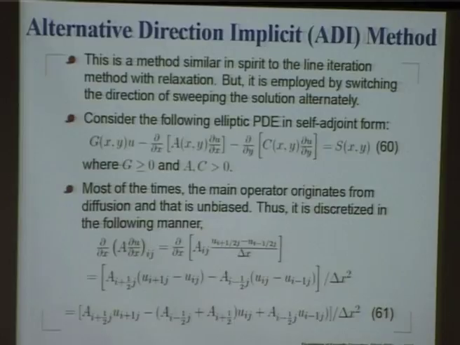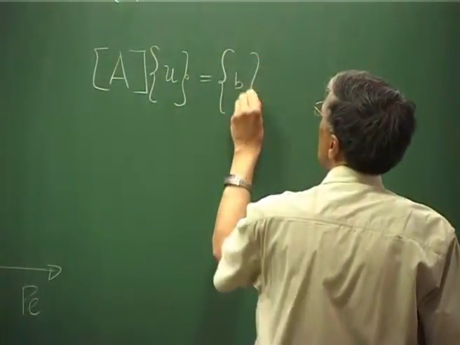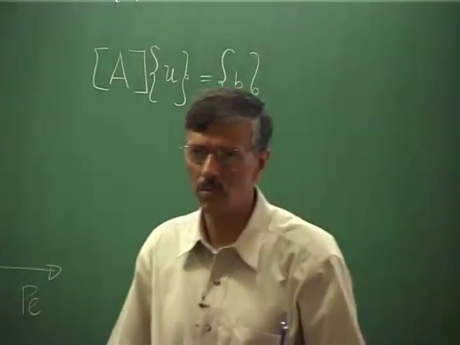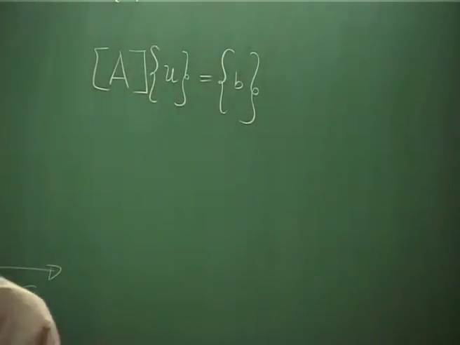We like to have something in a particular fashion that gives us certain numerical properties. What are these numerical properties? Some of which we discussed in the last class itself: we want the associated linear algebraic equation of the following form, and we should have some nice property for this matrix A. One of the nicest properties you can think of is that the matrix should be symmetric and positive definite, right.